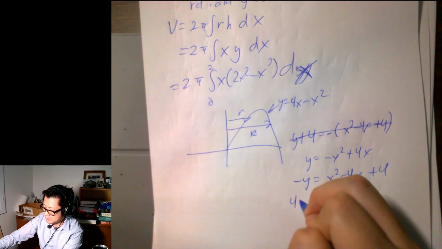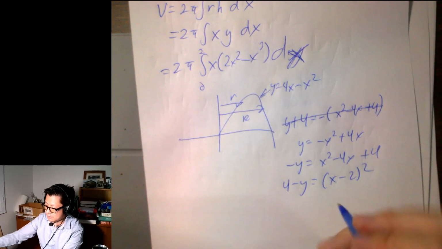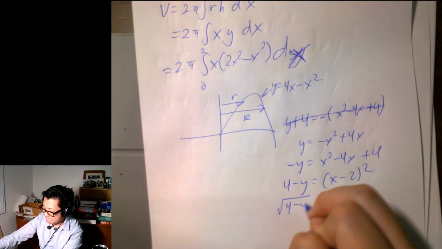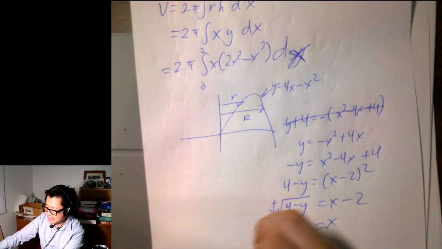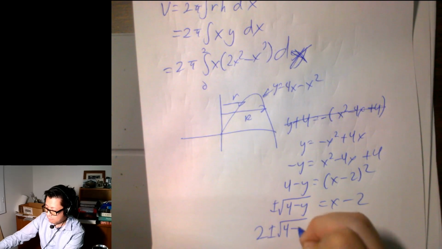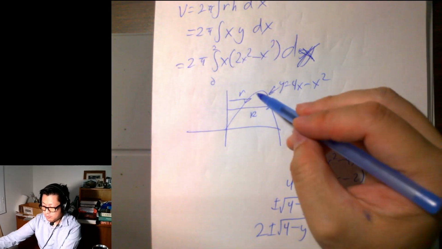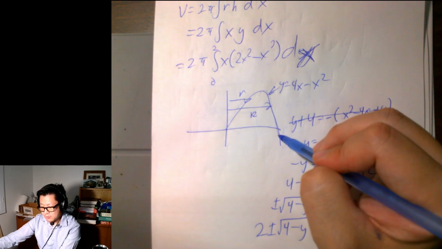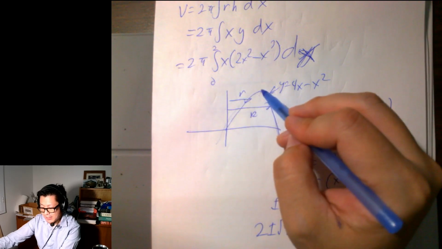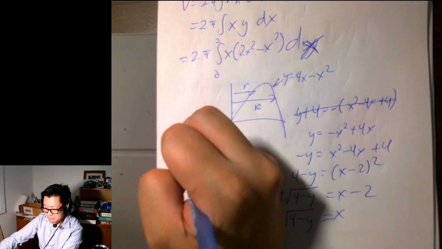Add 4 to both sides. Square root both sides. I could figure out x equals 2 plus or minus root 4 minus y. And this would be x equals 2 plus root 4 minus y. This would be x equals 2 minus root 4 minus y. So I could do this.